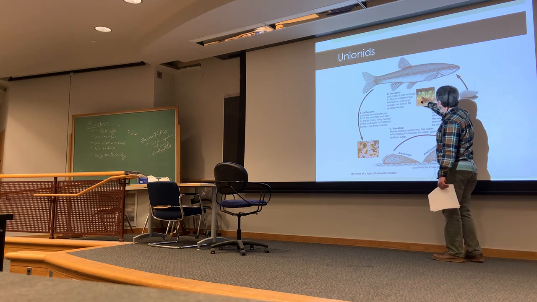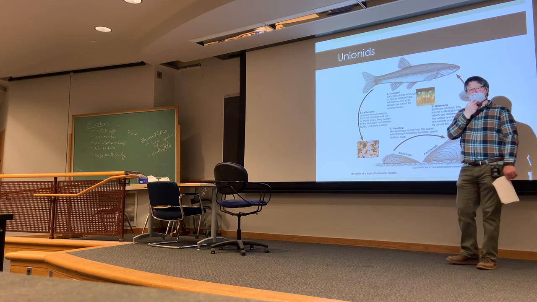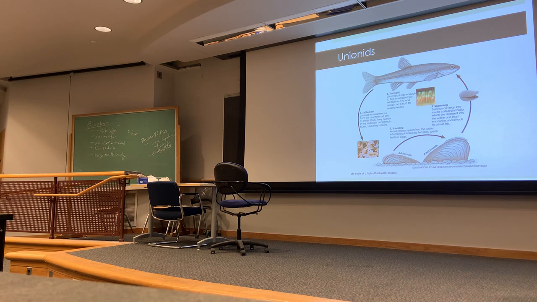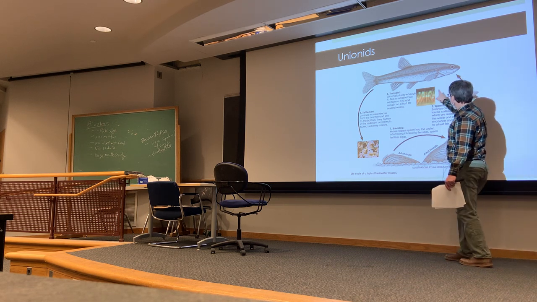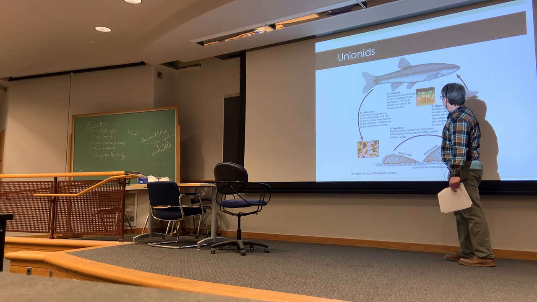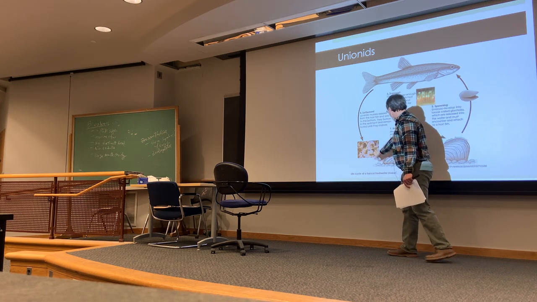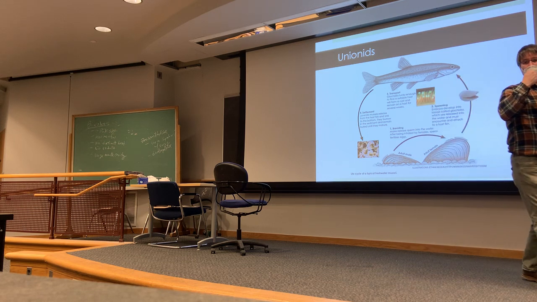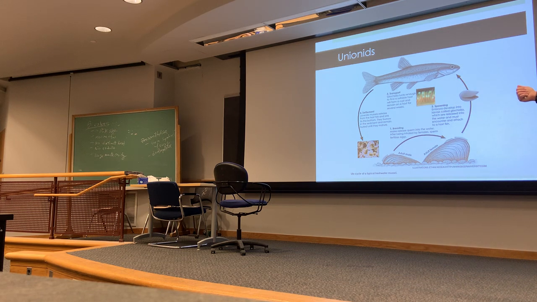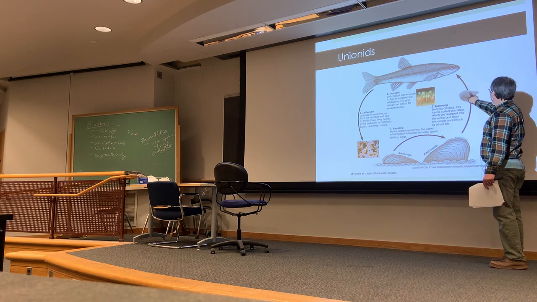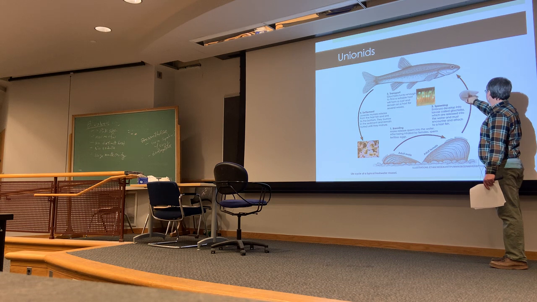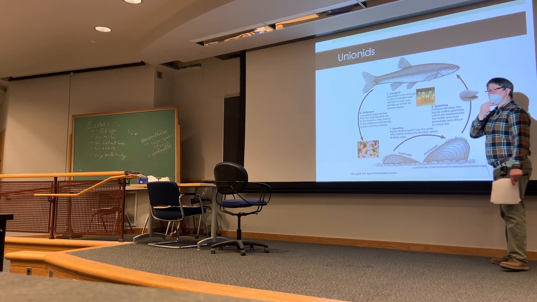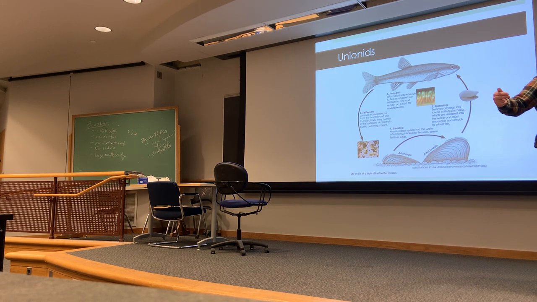And then the glochidia, these little tiny glochidia, attach on gill filaments of a fish host. So these are somewhat parasitic larvae in that they latch onto gill filaments and then ultimately release and settle down and form an adult. So these take advantage of fishes for some nutrition as well as for potential movement.